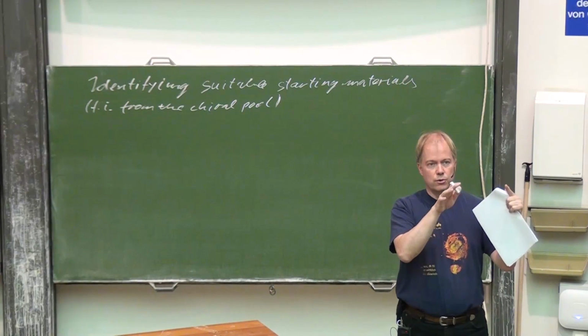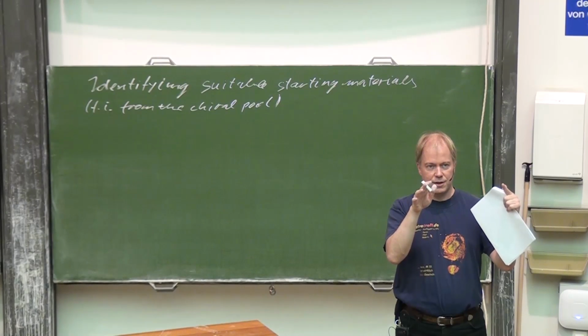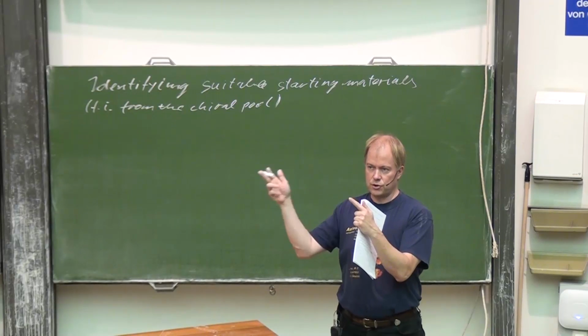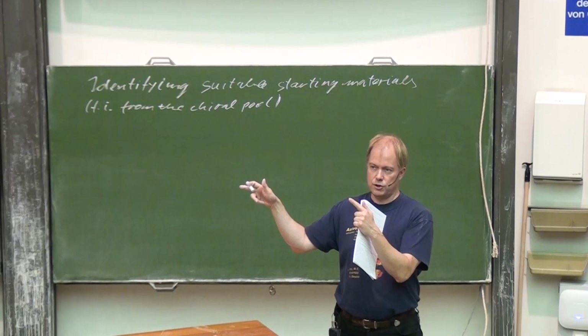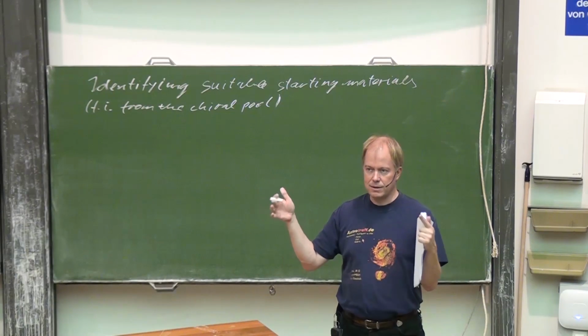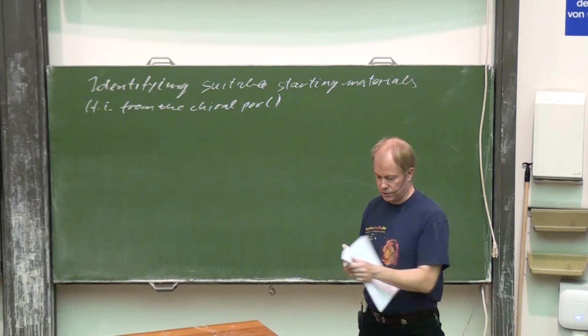We make a retrosynthetic analysis and try to get a structure where we know that we can reach that structure from the other side, starting from a natural product. Therefore, in that case it's a bidirectional analysis.